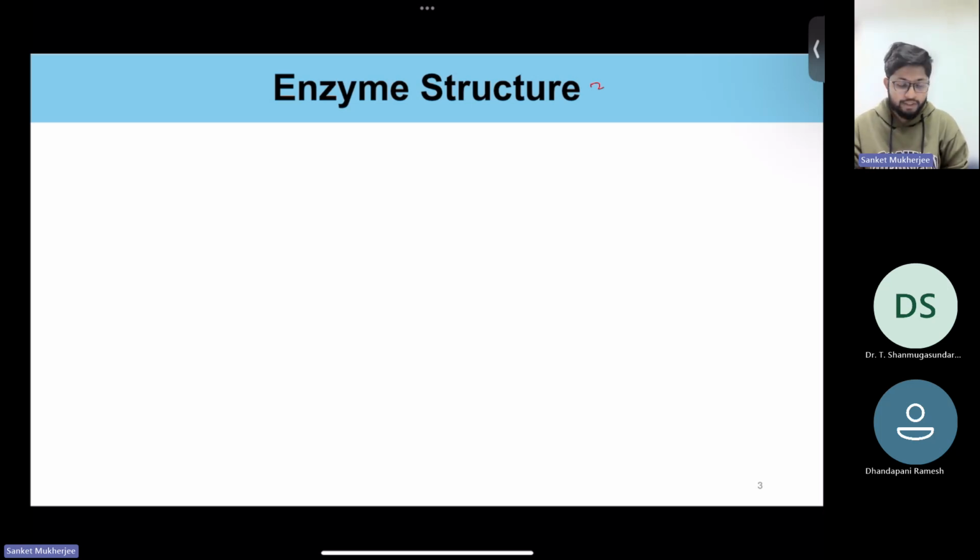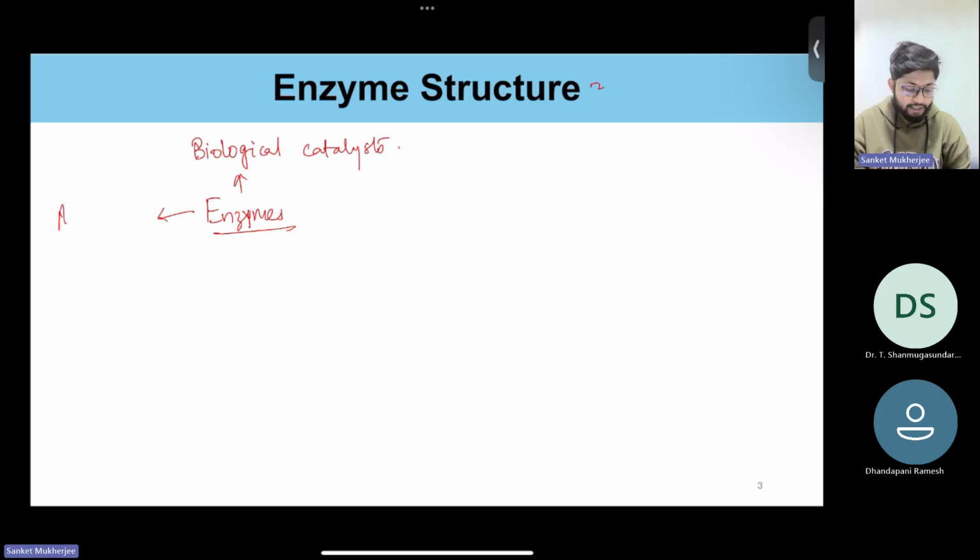As we already know, enzymes are essentially biological catalysts. They are mainly proteins. Some of them are even RNAs, and RNA enzymes are basically ribozymes.